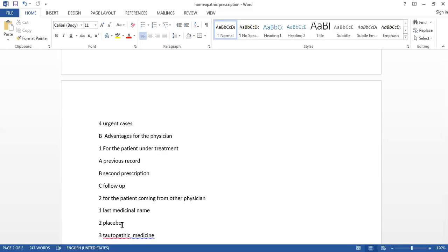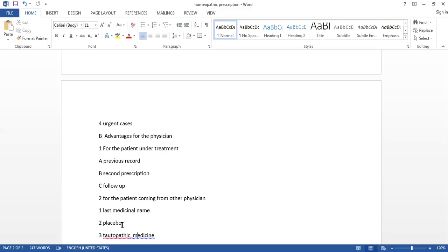Suppose that patient is under the treatment of sulphur, the action of sulphur remains for one month, and if the patient comes to you in the third week, then you cannot interfere with the action of that sulphur. So there you have to give only unmedicated globules. If you mistakenly give some medicine there, an acute proved medicine, that will completely disturb the action of the first medicine given by the first physician, and hence that prescription is important.